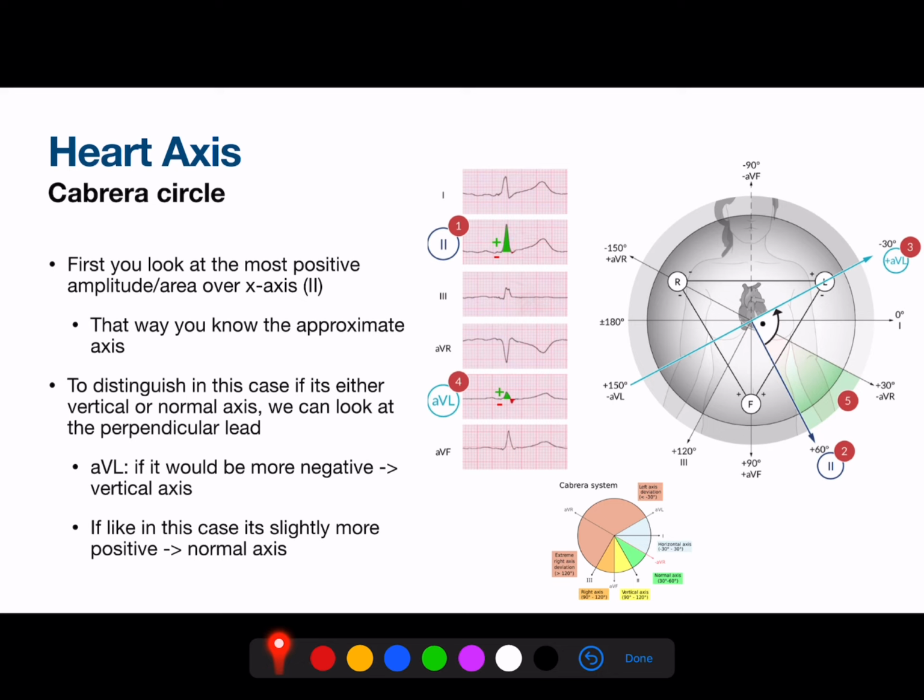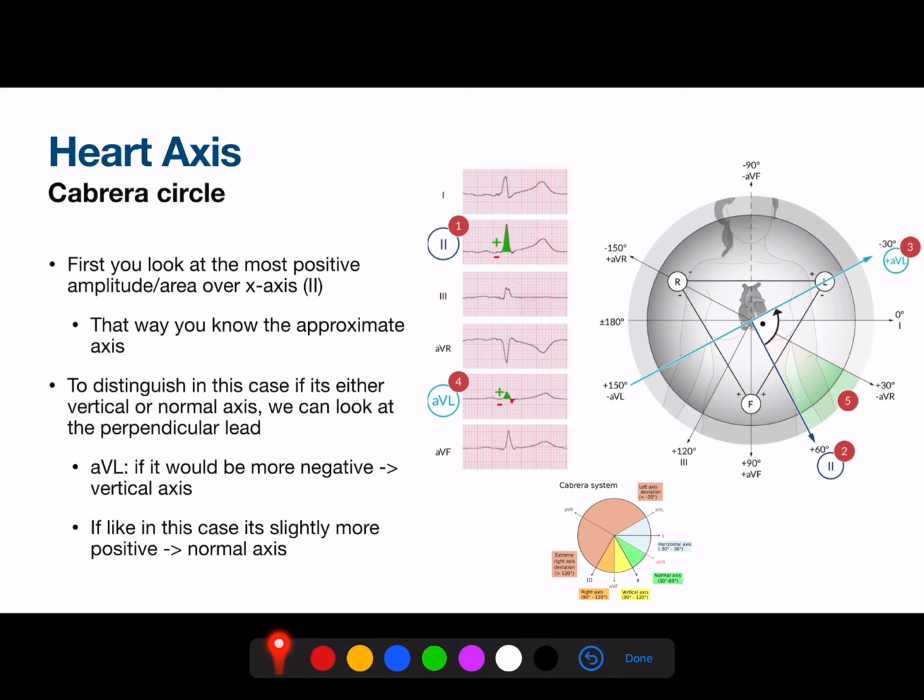So we already know where the main vector, or the main axis of the heart, goes. But lead 2, which is 60 degrees, is just between the normal axis and the vertical axis. In this case, we have to know if it's either normal or vertical.